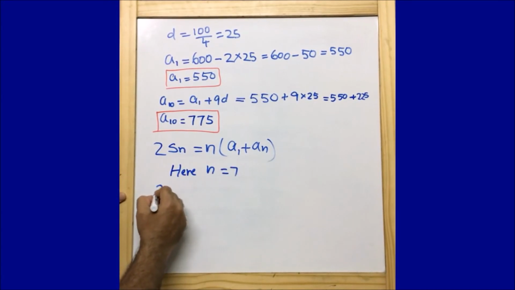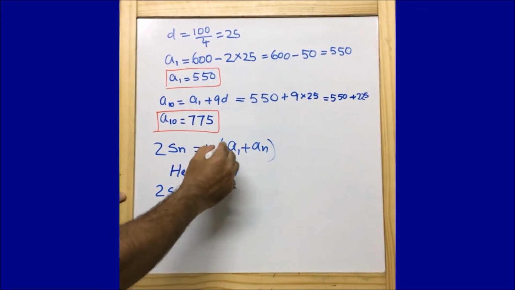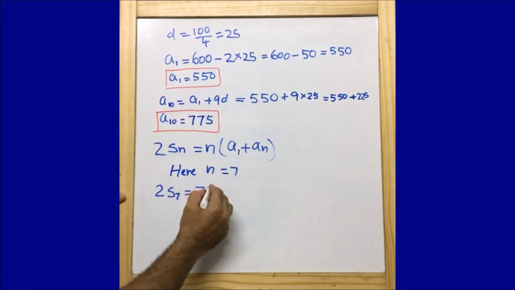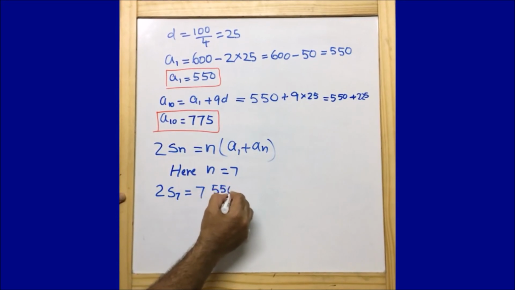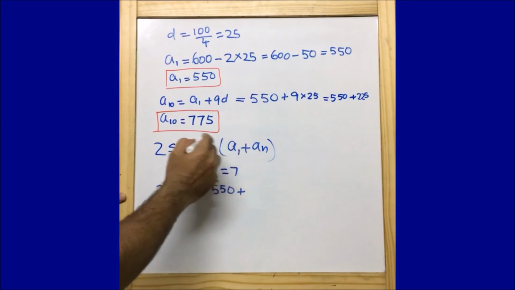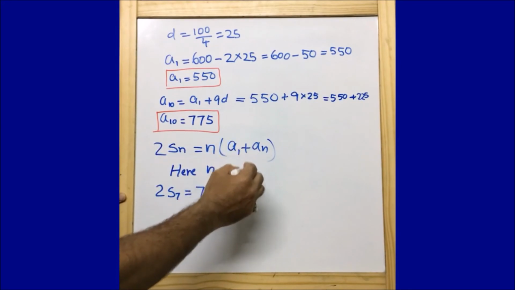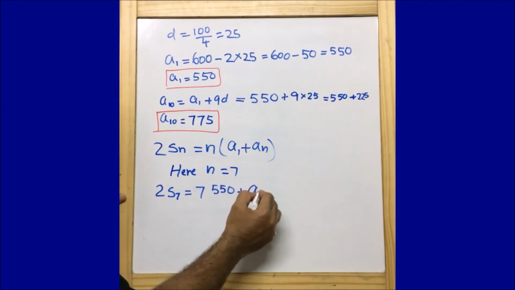So we can write 2S7 is equal to 7 into a1, a1 we got 550, plus a7. Because we are going to find out the value for 7 years, so we write a7.